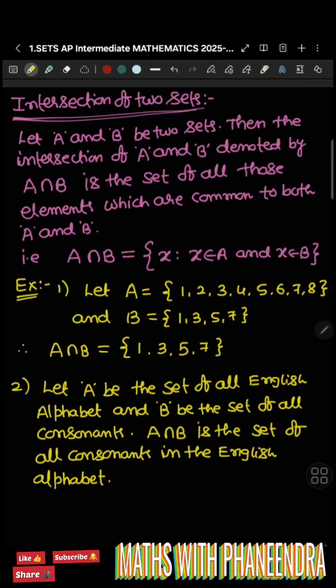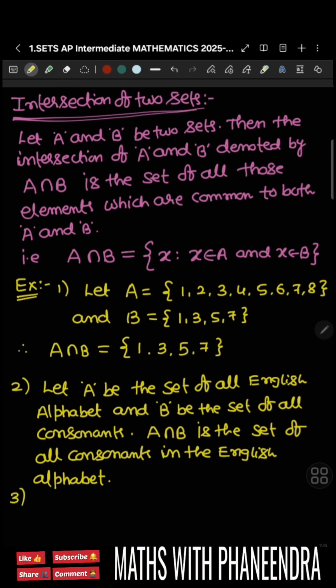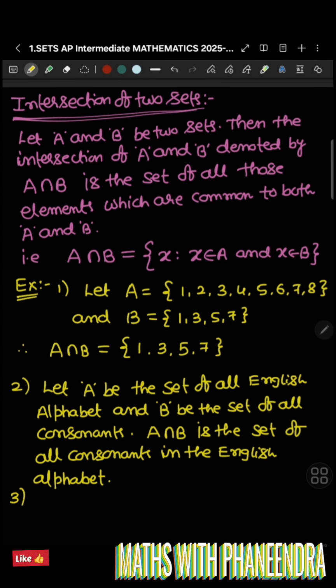At the same time, another example with mathematics, not alphabets.